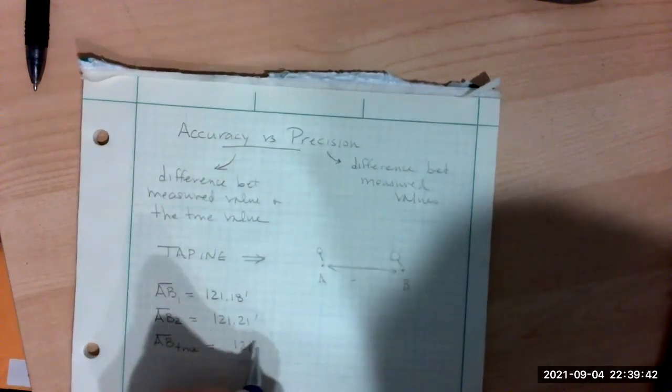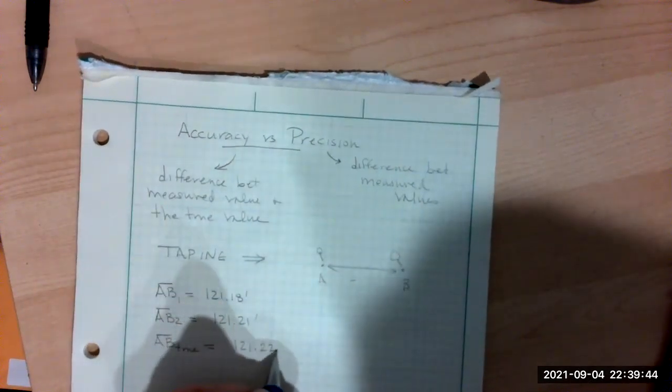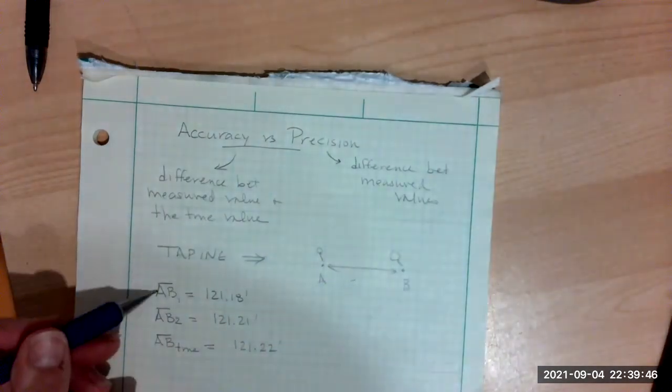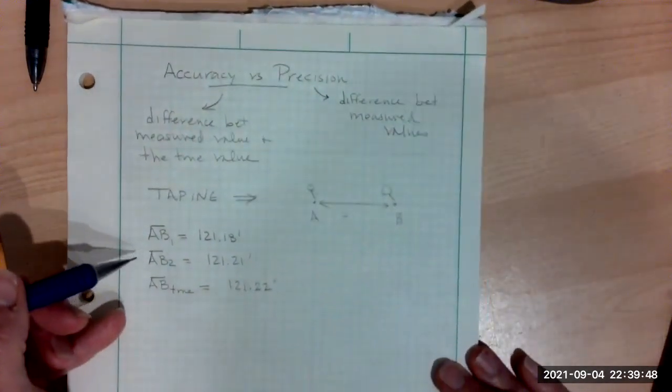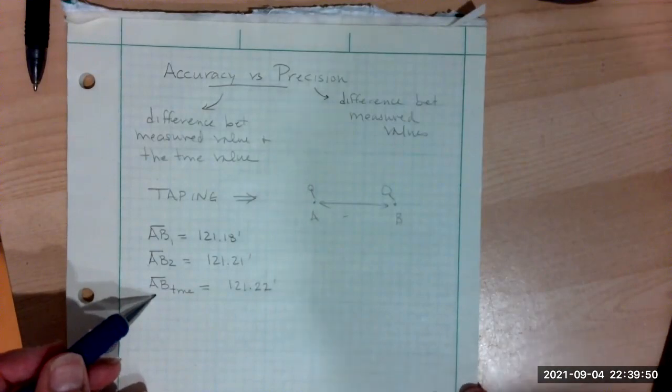And then I measured it again the second time and I got 121.21 feet. And then I learned that the true distance from A to B is actually, let's say, 121.22 feet. So these are the two values that I measured when I was doing taping. And then this is the true value.